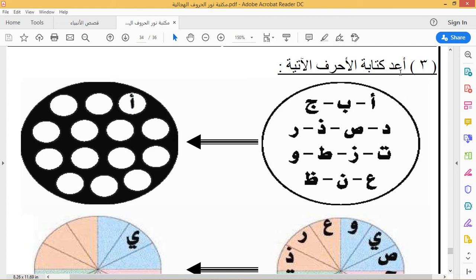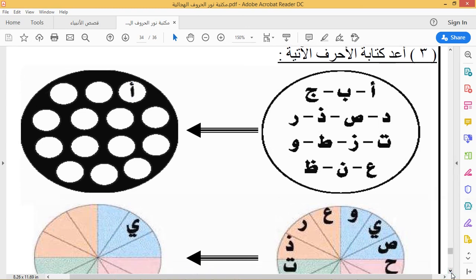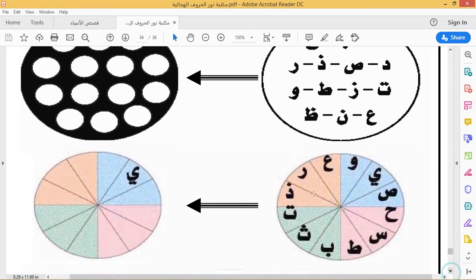The next thing is kitabat al-ahruf al-atiya. Repeat writing the letters that are coming. So you see alif here, so you write it back into the circle. Then the next one, you write them back onto this circle.